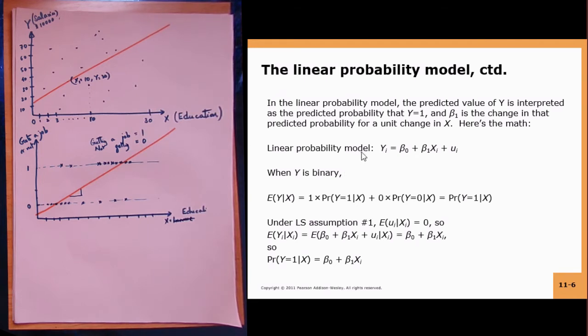So first we start with the most simple linear probability model, where we say that the predicted value of y is interpreted as the predicted probability that y equals 1. And it is important to note that in discrete dependent variables, we always take the value y equals 1. That is what we are modeling.